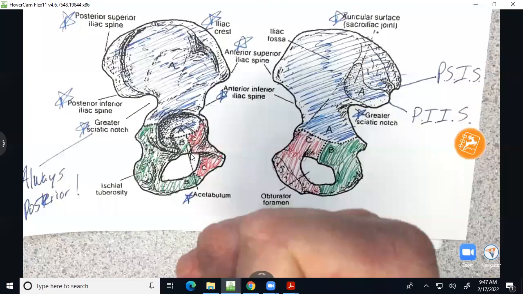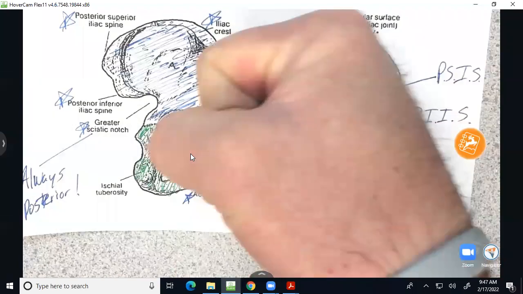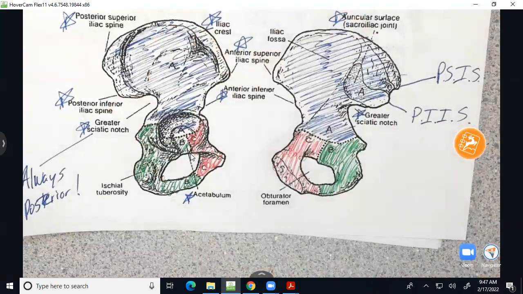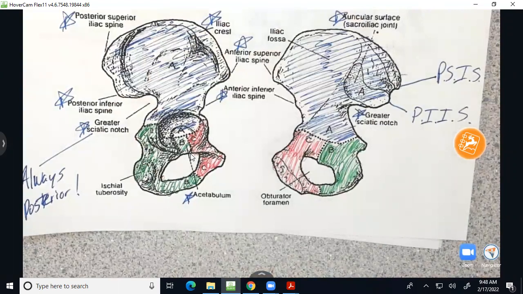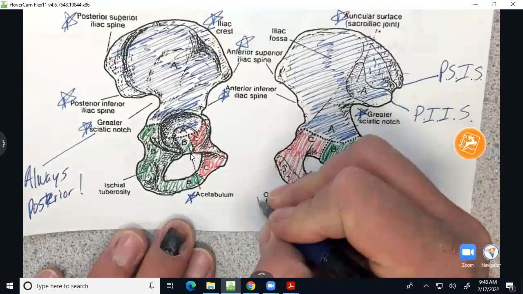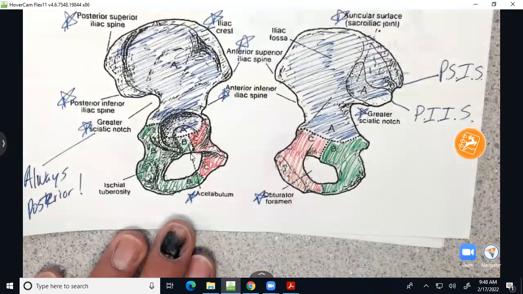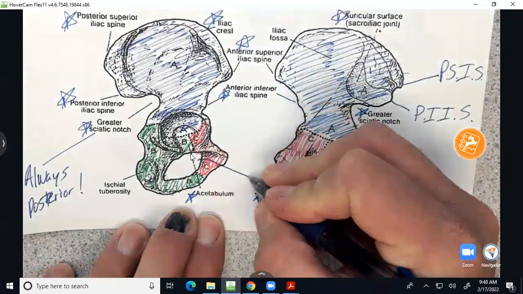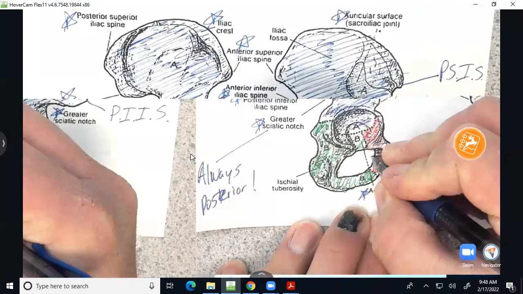We have a really pronounced ball-like head of our femur that fits directly in there, and we're going to see that on the next slide, creating a really strong foundation for our hip joint. The next structure I want to highlight is called the obturator foramen. It's not labeled here, but it's definitely visible.